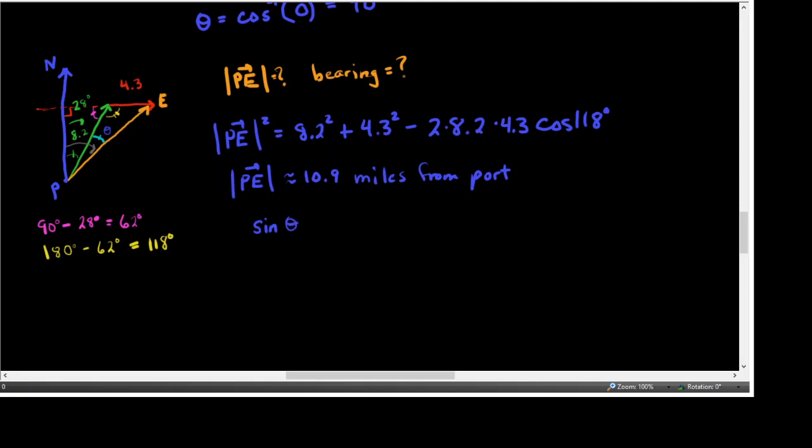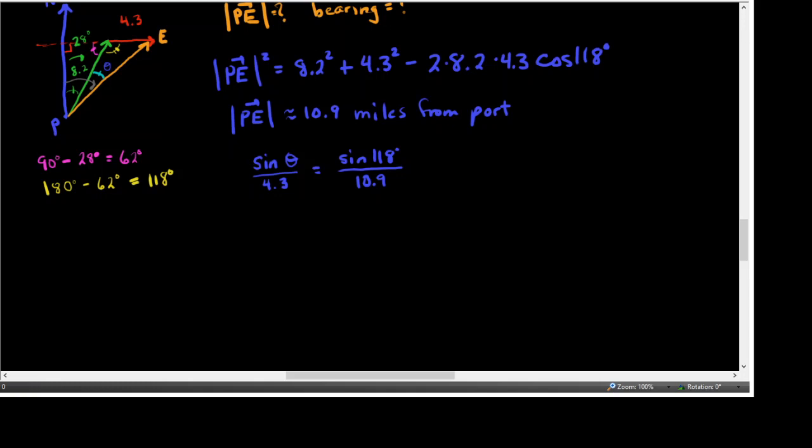So the sine of that angle over the opposite side, which is 4.3, should equal the sine of 118 degrees divided by the side opposite it, which is the distance we just got. So instead of typing 10.9 in, you should have stored that 10.9 number in your calculator. Although I'm writing 10.9 on paper, you really want to make sure that you're using the calculator stored value, as we talked about earlier.